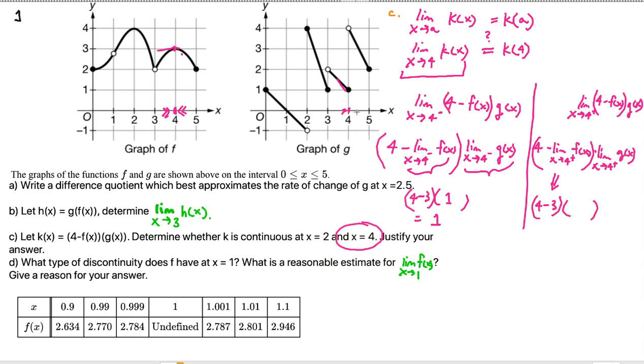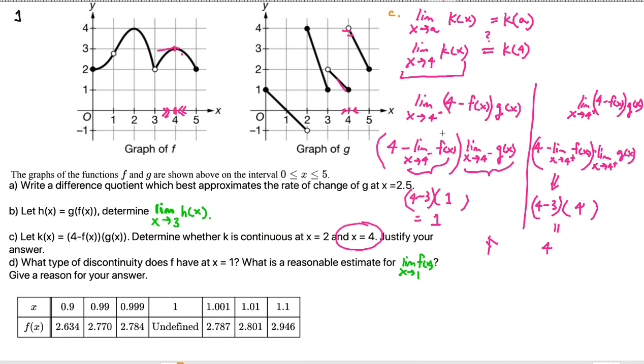I'm getting closer and closer to 4 along x, and if I go up, I'm getting closer and closer to 4 along y as I approach 4 from the right. So this is going to be times 4. And 4 minus 3 is 1, 1 times 4 is 4. I got that the right-hand limit, as I get closer and closer to 4 from the right, does not equal the limit as I get closer and closer to 4 from the left.